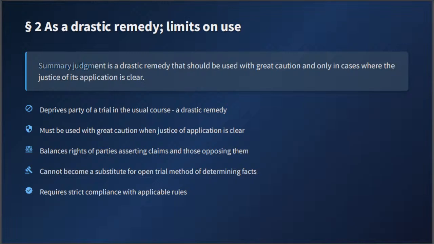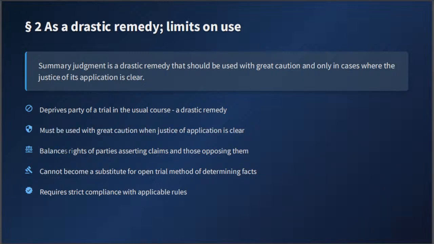A summary judgment is a drastic remedy that should be used with great caution, and only in cases where the justice of its application is clear. Because why? A summary judgment deprives a party of a trial in the usual course. That's a drastic remedy. It must be used with great caution when the justice of application is clear.